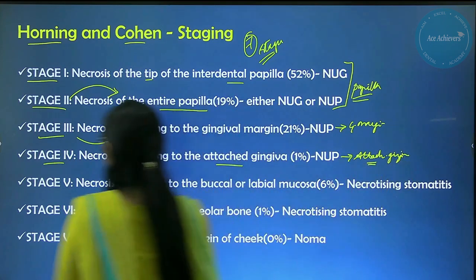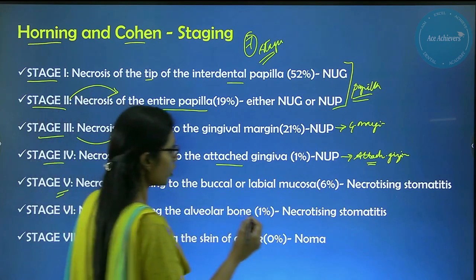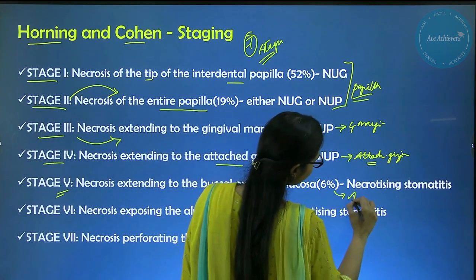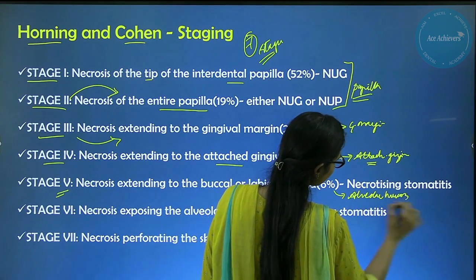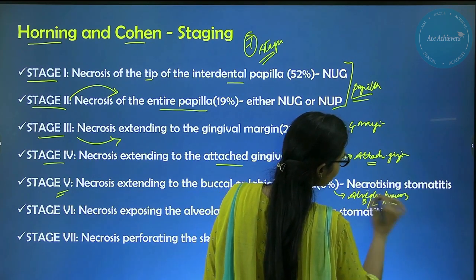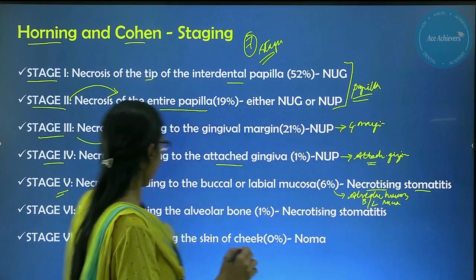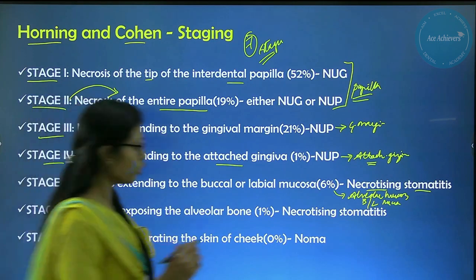In stage 5, the necrosis extends into the alveolar mucosa, and also the labial or buccal mucosa, which is called necrotizing stomatitis. In stage 6, the necrosis exposes the alveolar bone.